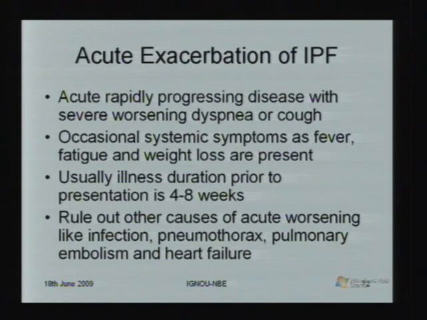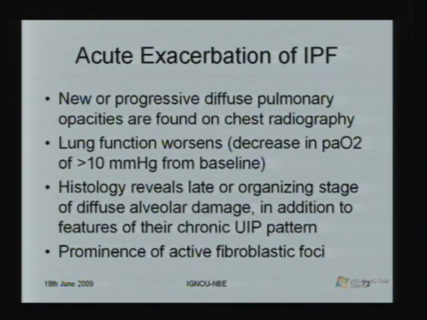Now, there has been this entity of acute exacerbation of IPF. It is an acute, rapidly progressing disease with severe worsening of dyspnea or cough, and occasional systemic symptoms such as fever, fatigue, and weight loss are present. Usually, the illness duration prior to presentation is about 4 to 8 weeks, and one must rule out other causes of acute worsening like infection, pneumothorax, pulmonary embolism, and heart failure before arriving at the diagnosis of an acute exacerbation of IPF.